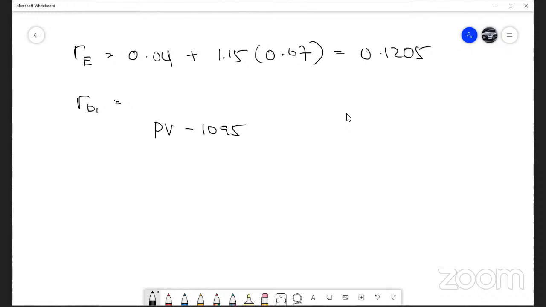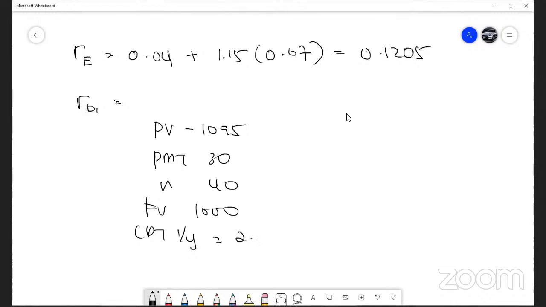Your payment, 30. N is 40. FV, 1000. Compute IY. So for the first debt, it should give you 2.61%. Again, this is only semi-annually.